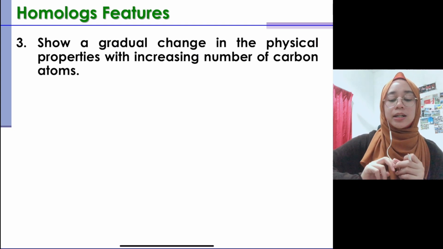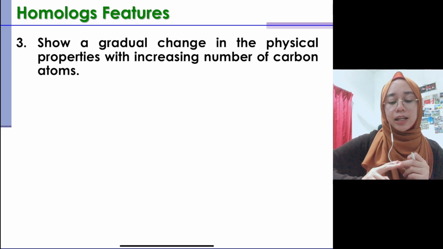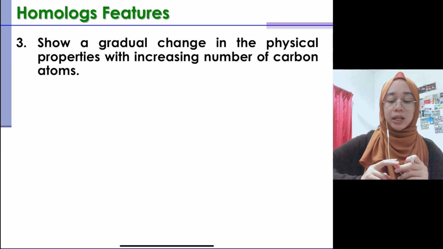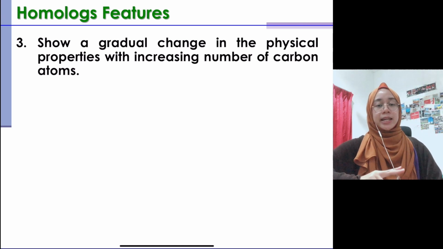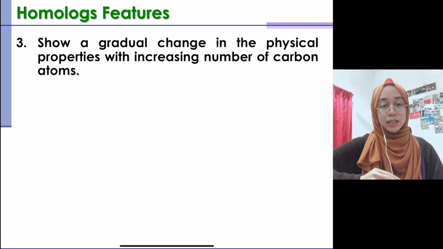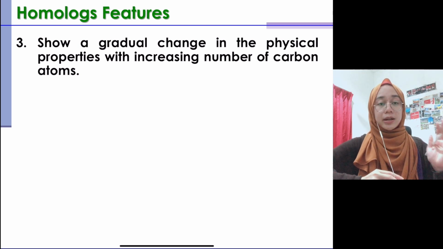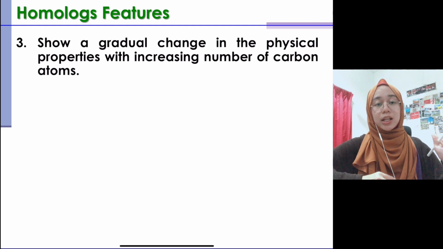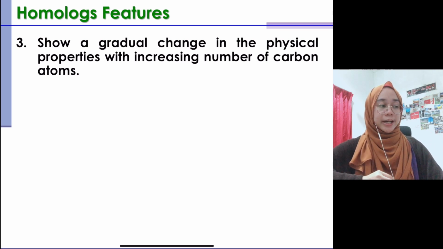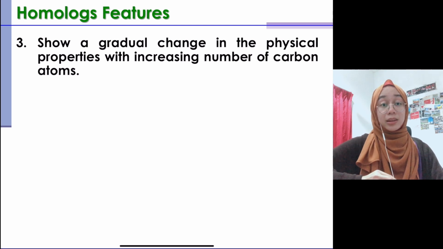Yang ketiga pula, they show a gradual change in the physical properties with increasing number of carbon atoms. Physical properties ni ada banyak lah, sama ada dari segi physical state. Physical state meaning daripada gas, liquid and also solid, ataupun physical properties such as boiling point, melting point.